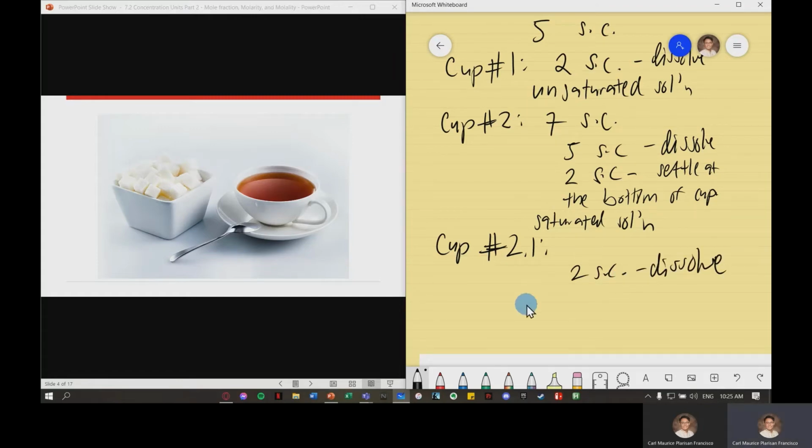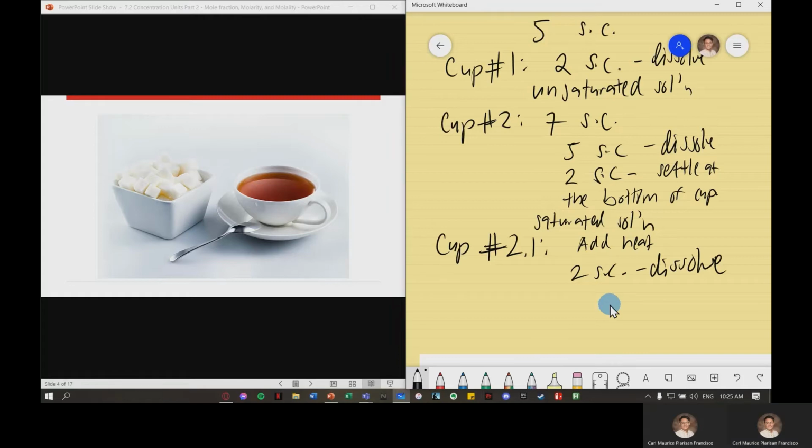Ulitin po natin. Gamit itong parehas na cup na ito, cup number 2, gusto natin matunaw itong 2 na sugar cube na nakasettle sa ilalim. Ang ginawa, we added heat. Because of the addition of heat, the 2 sugar cube dissolve.